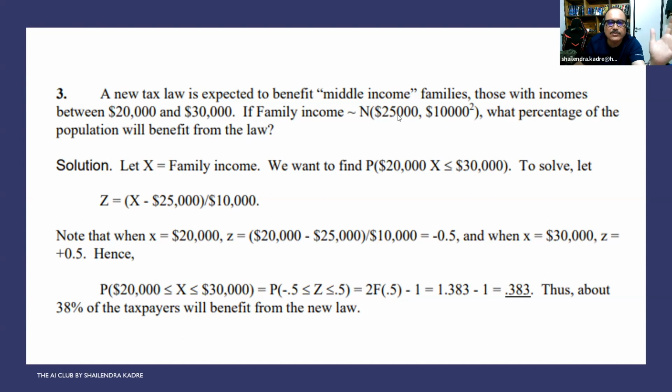Mu is 25,000 and X is 20,000, so X is less than mu. So Z is 20,000 minus 25,000, divided by 10,000. Now you got it, it is coming as minus 0.5.